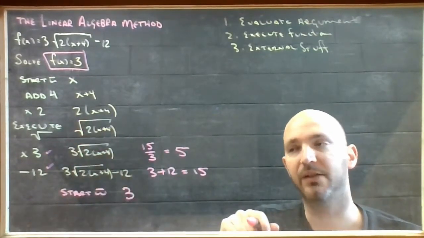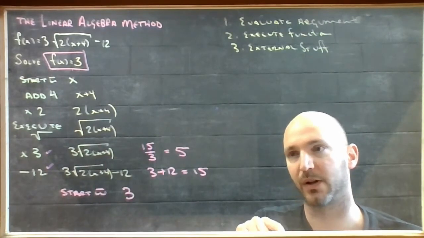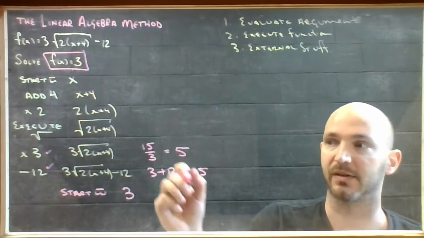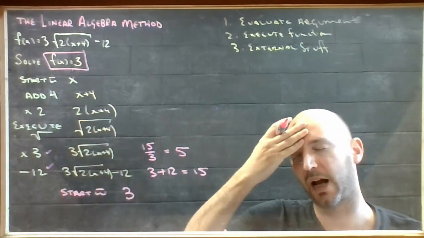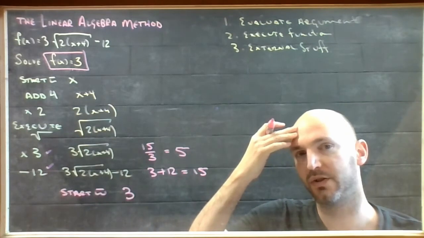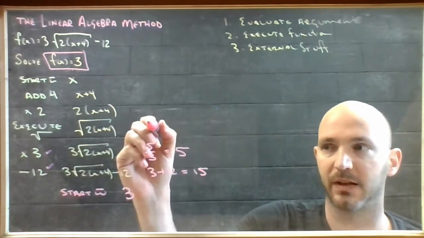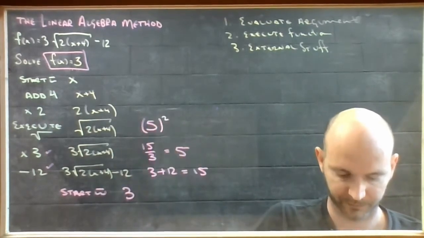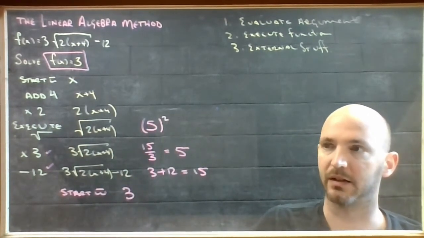Now I have to undo an execution of square root. So this is the only step that is different for different functions. You're going to have to remember how you undo a square root. And of course, in this example, it's squaring. I'm going to make a little note there.